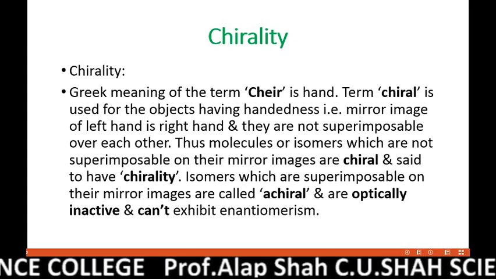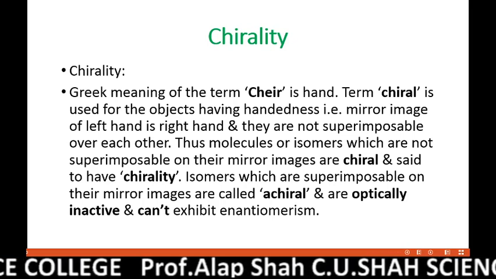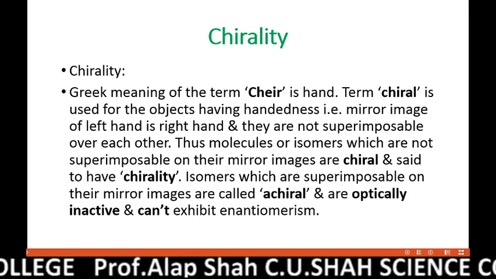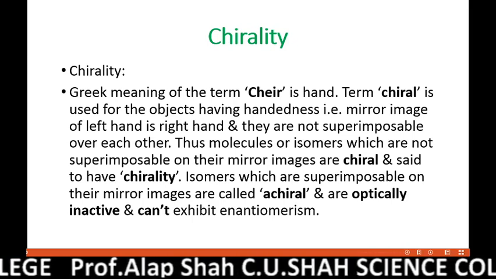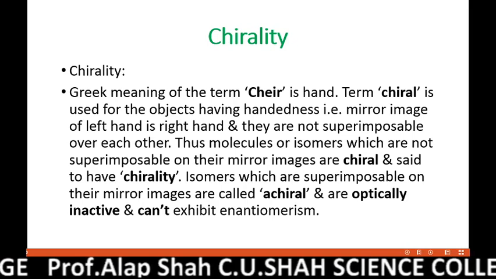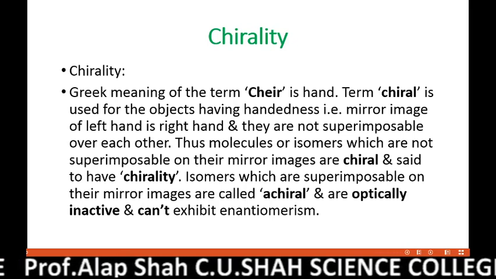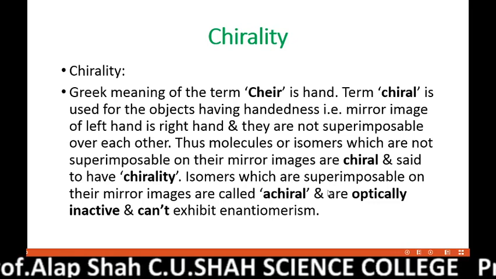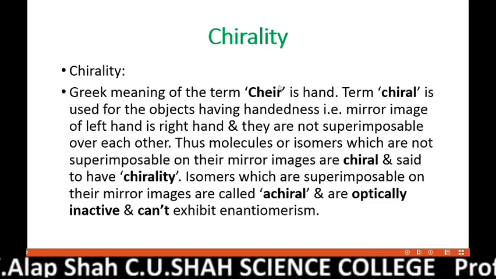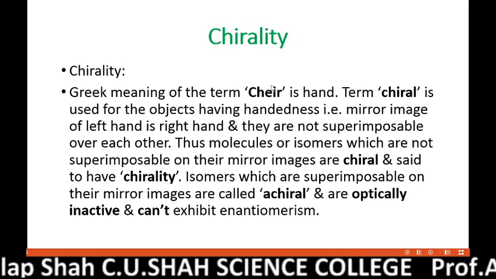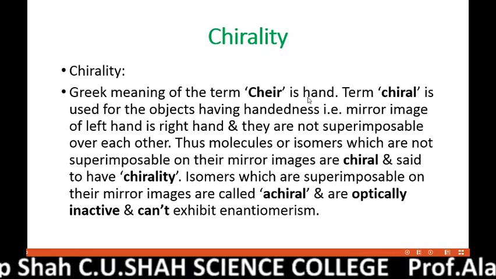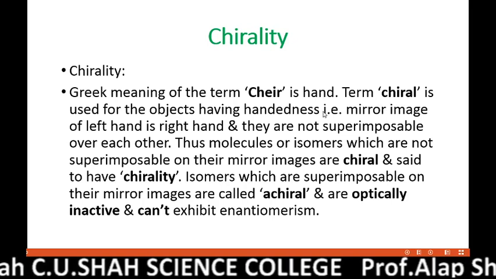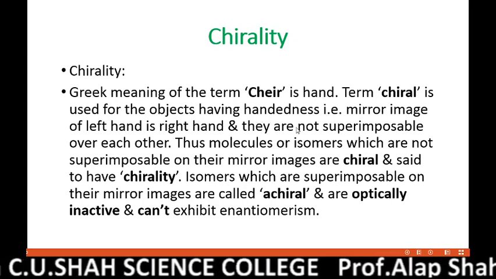Similarly, molecules which are not superimposable over each other are called chiral. So this is showing what we have discussed. The word cheir, spelled this way, means a hand in Greek, and chiral is used for objects having handedness.